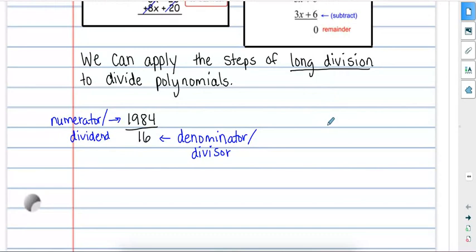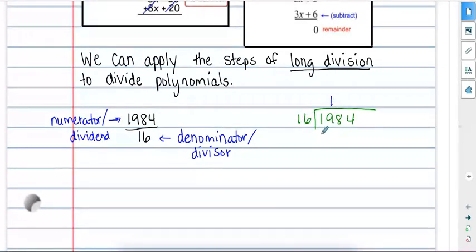look like this. If you remember, we're going to divide 1,984 by 16. So how many times does 16 fit into 19? Once, and we put the 1 above the 9, right?